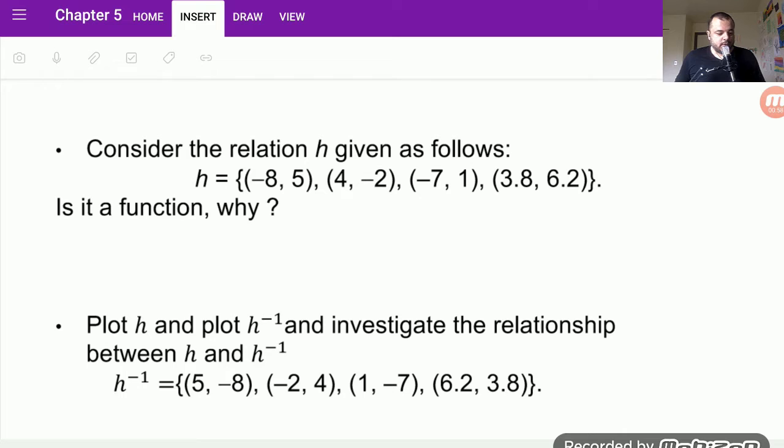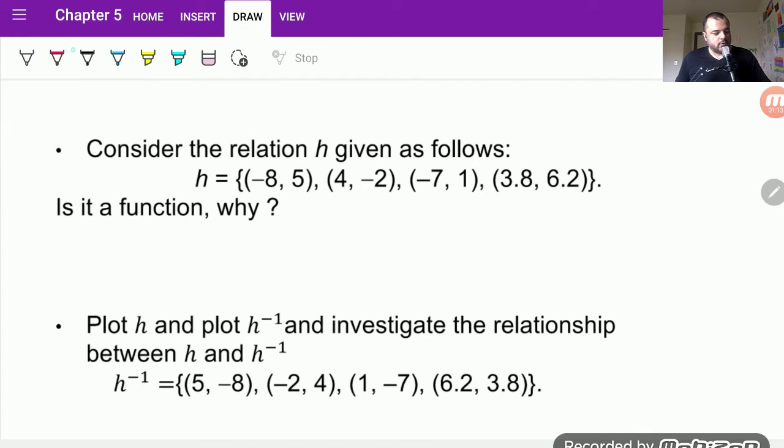Let's first consider the relation given in this example. We have h equals, we have 4 points. So we need to check whether this relation is a function or not. To check whether the relation is a function, recall the definition of the function.